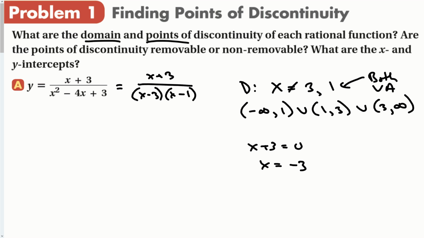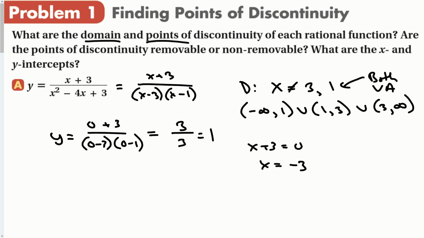The y-intercept we get by plugging in 0 for x. So we would just go like this, 3 over 0 minus 3 times 0 minus 1, which would be 3 over 3, which would be 1. So now we got a couple points here, right? We have that x is 0, y is 1.